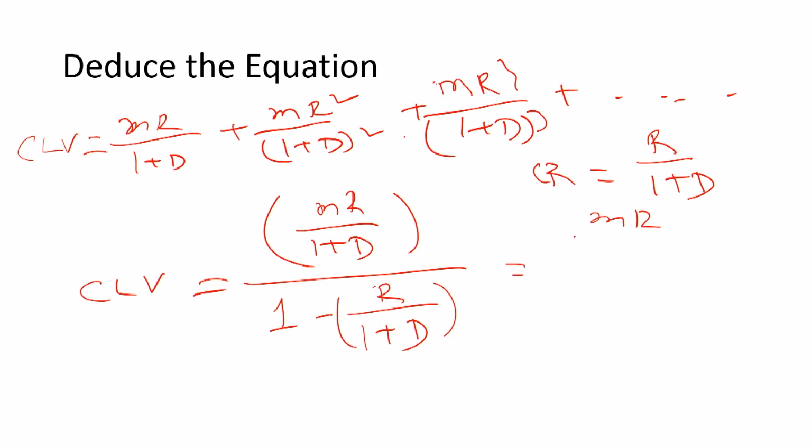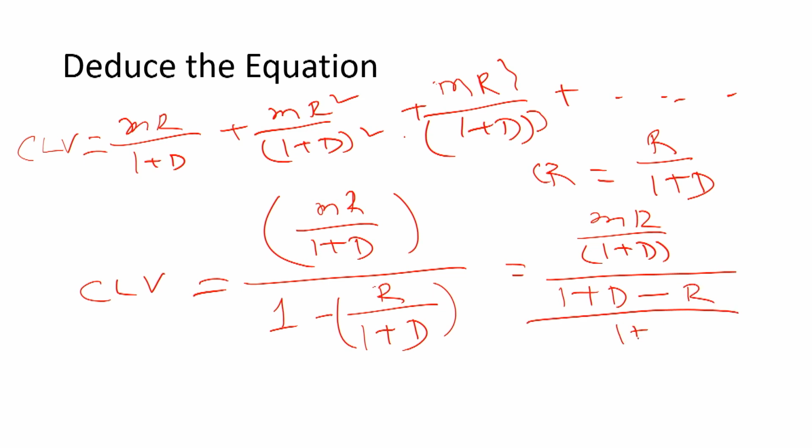MR divided by 1 plus D, divided by 1 plus D minus R divided by 1 plus D. The denominators of both the numerator and denominator can be cancelled out.